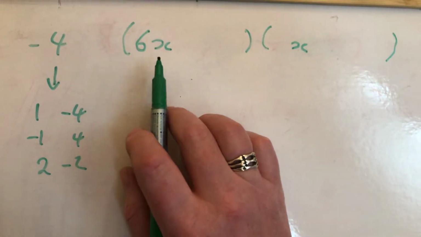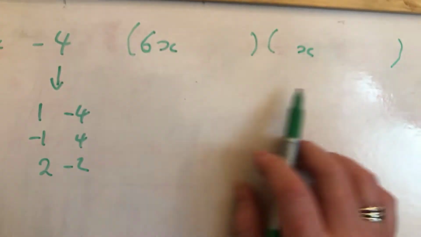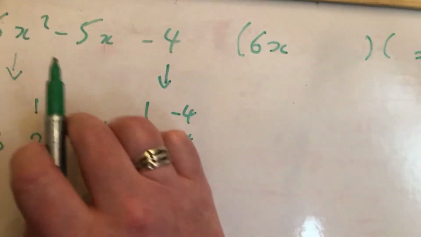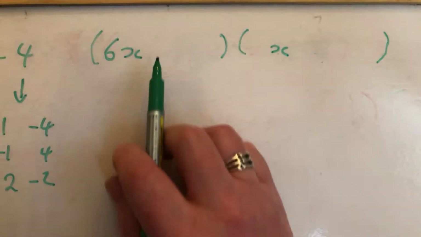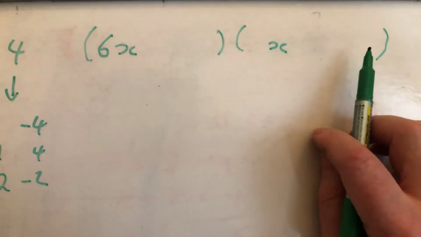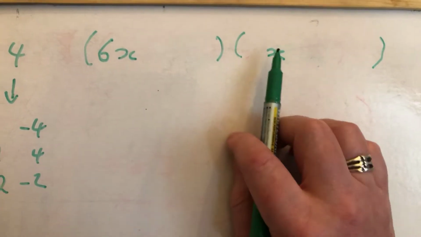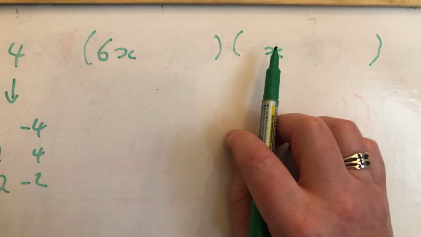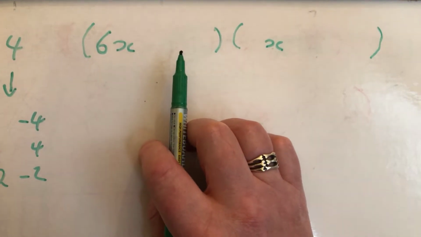The 6 times 4 here will give us 24, and then we've got a 1x. Again, it's miles away from where we need to be with the minus 5x. So let's try it with a 4 and a 1.